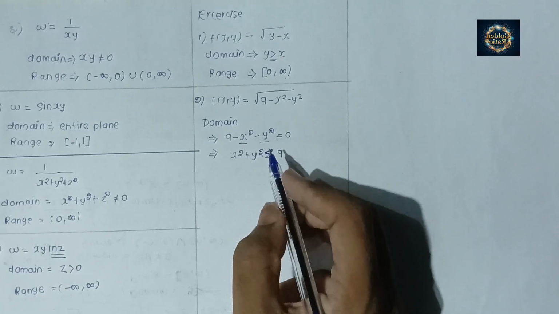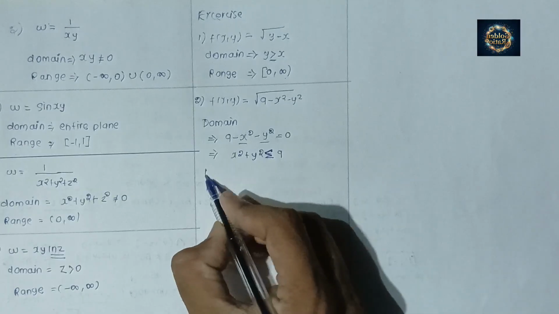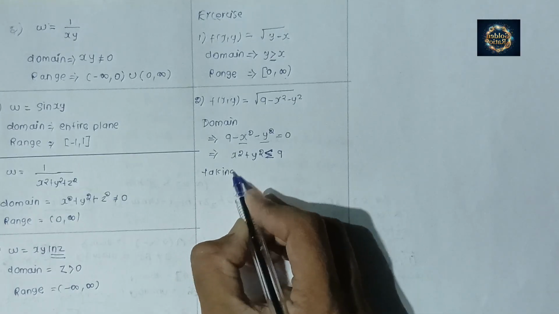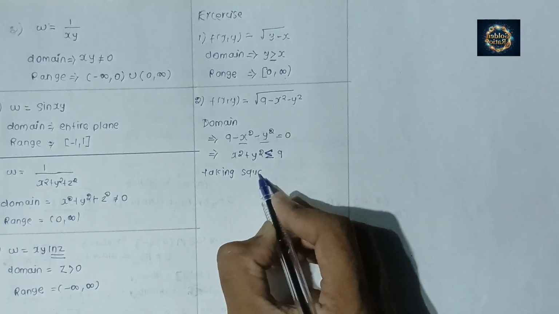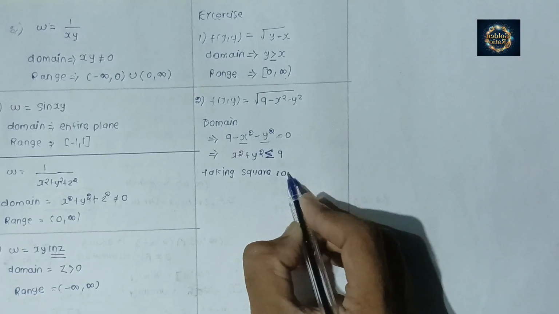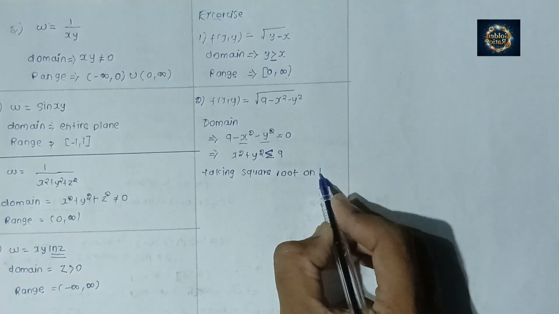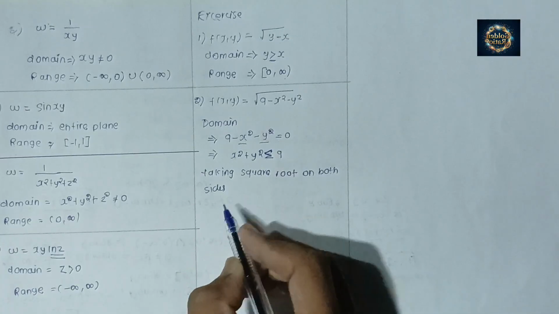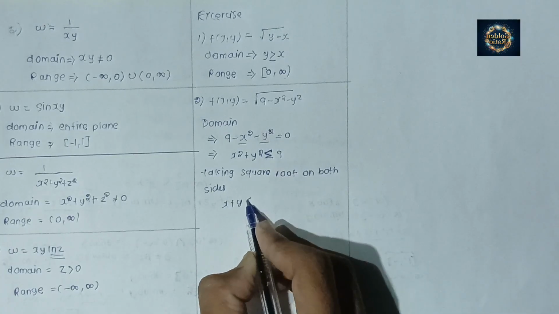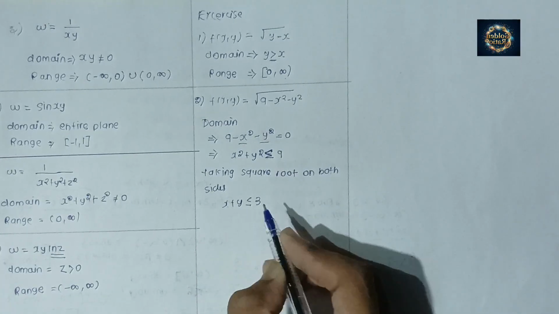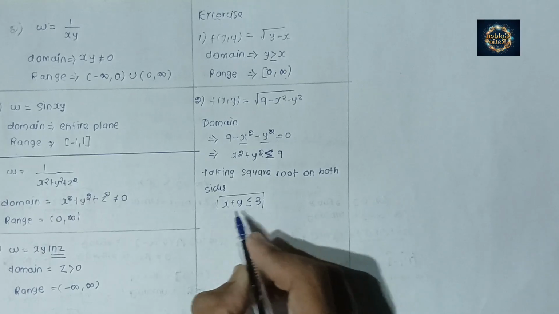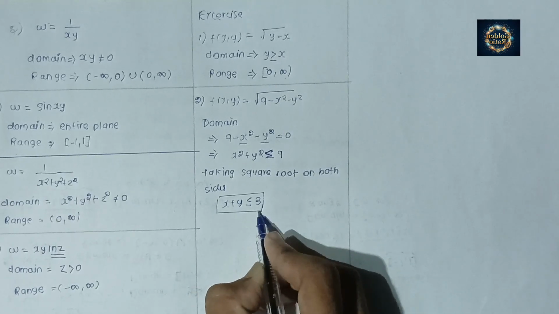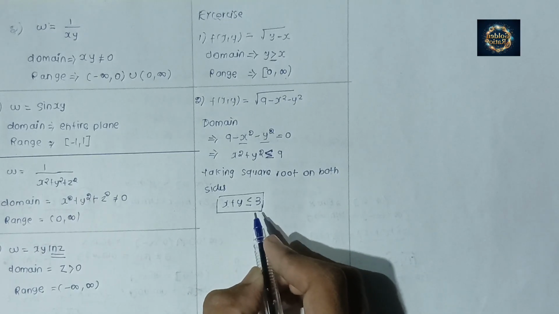Taking the square root on both sides, I get x plus y is less than or equal to 3, and that will be the domain. The sum of the terms x and y should be less than or equal to 3, then only the function will be defined.